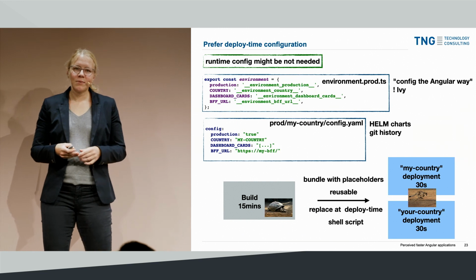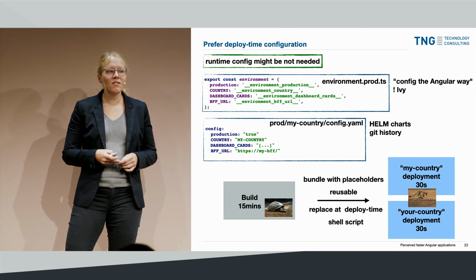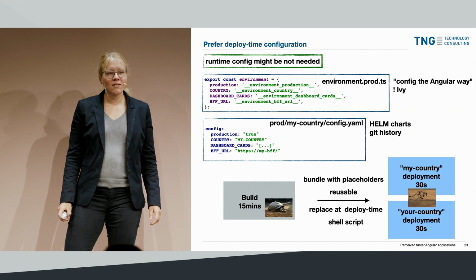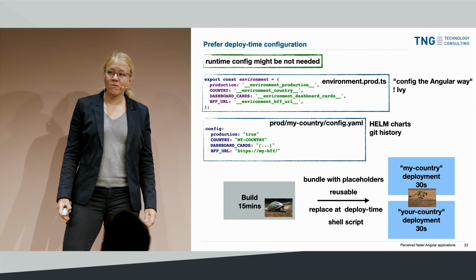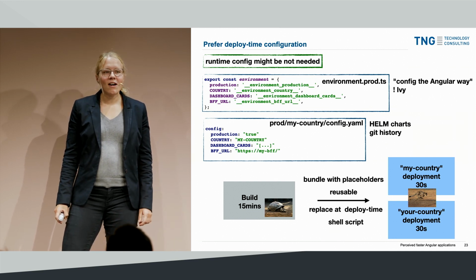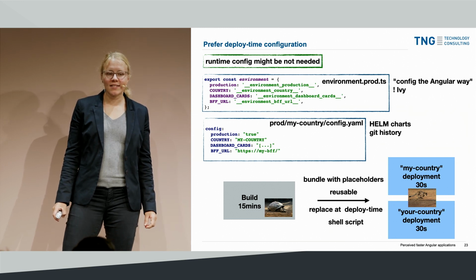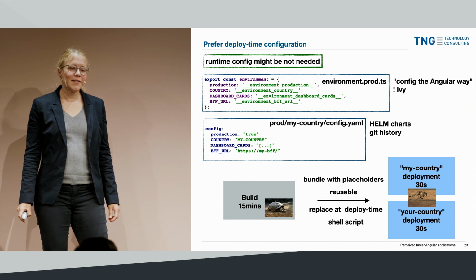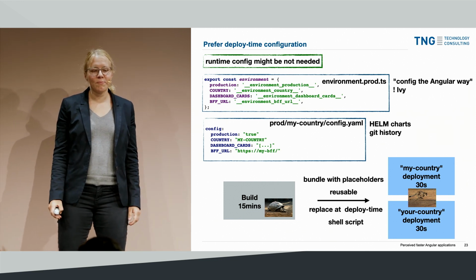But from my experience, in the most recent projects I've been working on, we actually did not need this runtime configuration. Even though managers said, we want this, we found a nicer way. We now have deploy time configuration, which usually fits most of the needs. And we are not using some extra configuration pattern.